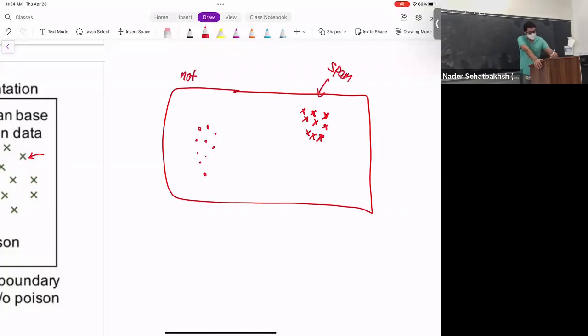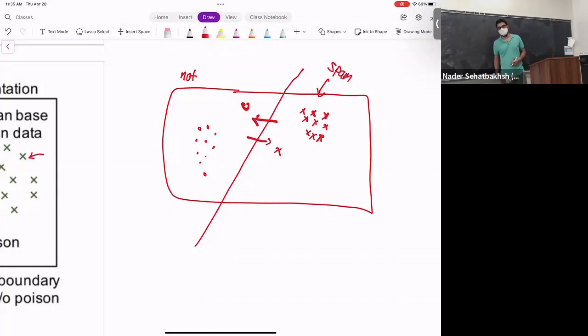If you train this model, it's going to divide this into two pieces, usually called a decision boundary. Anything that falls into this side of the plane will be labeled as not spam, and anything that falls into this side will be labeled as spam. Basically, this is how machine learning works visually.